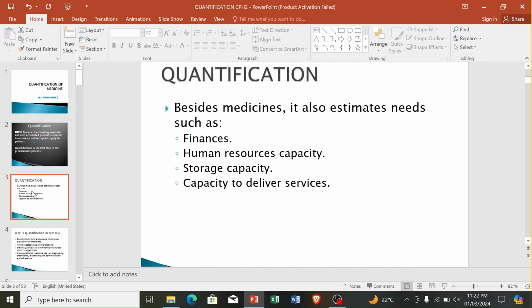That is why quantification also has to work on the storage capacity.